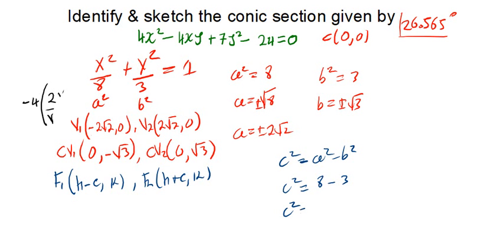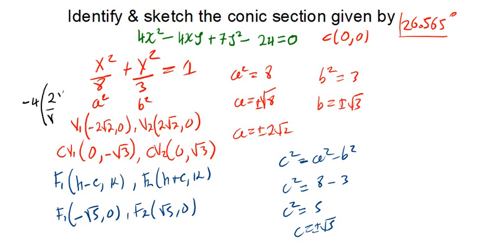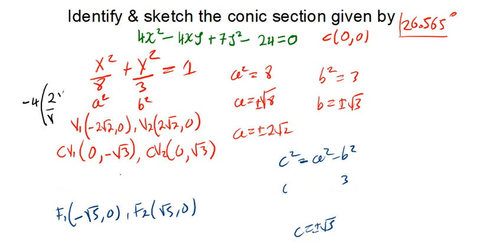So c squared will be equal to 5, and so c is equal to positive or negative the square root of 5. So f1 is minus the square root of 5 comma 0. Then f2 will be the square root of 5 comma 0. Okay, and we have everything that we need, including the angle actually.